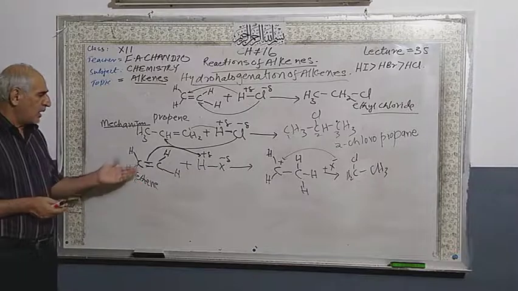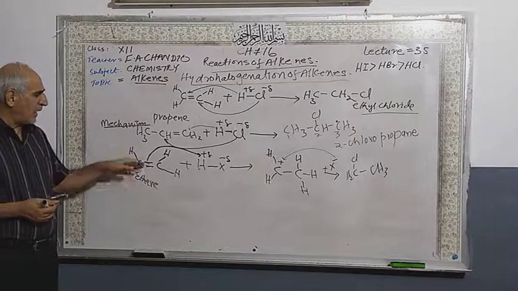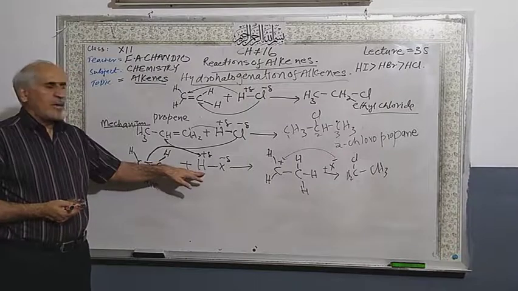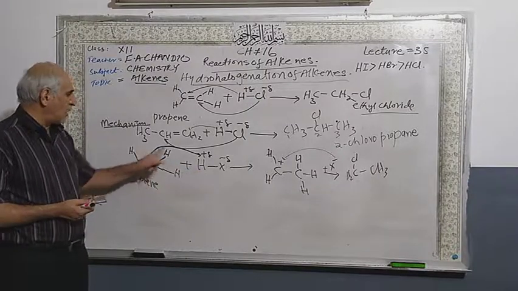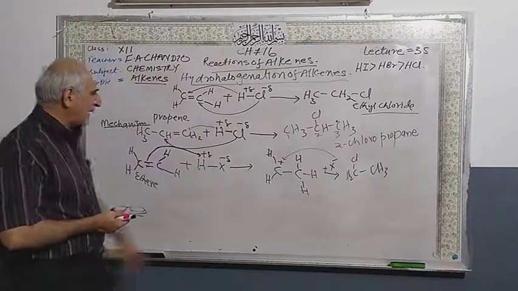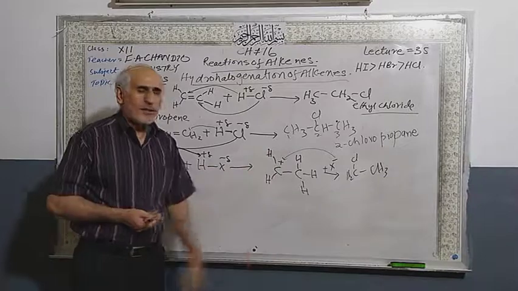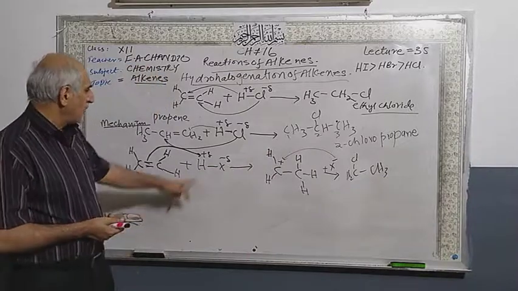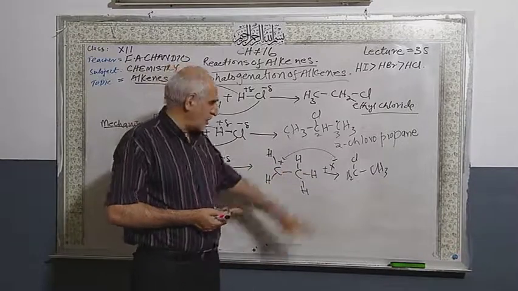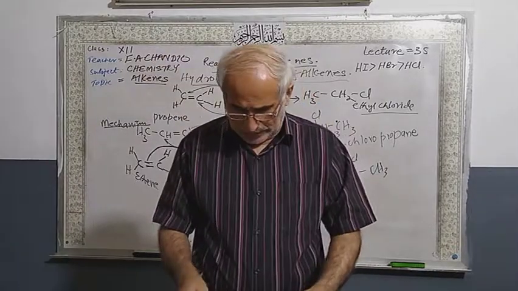The pi electrons are here. Electrons are going to be more. So these are rich in electrons, being a nucleophile, and the hydrogen with positive charge is an electrophile. So the nucleophile attacks the electrophile here. Hydrogen is going to be attached to this carbon, so you will get the methyl group here, the double bond is removed, the valence of this carbon is not satisfied, and a positive charge is created on the carbon. Then this halide, which has a negative charge, being a nucleophile, attaches to this electrophile, which is electron deficient, and you will get the final product called an alkyl halide.